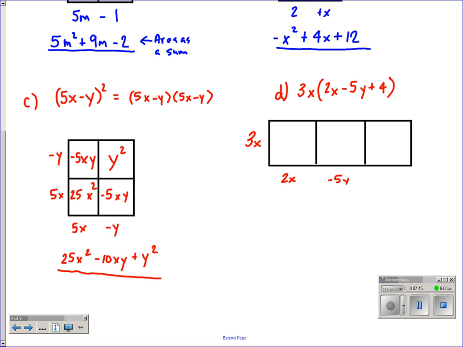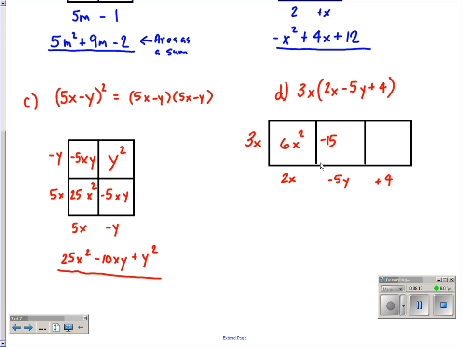minus 5y, or like a negative 5y, and positive 4 at the end there, plus 4. 2x times 3x will give us the area of this first part. That'll be 6x squared. Negative 5y times 3x. Well, negative 5 times positive 3 is going to give us negative 15.